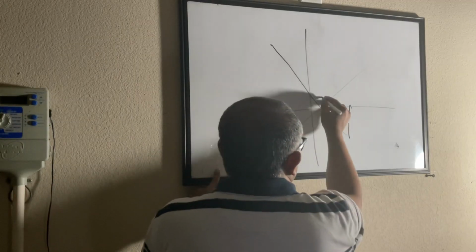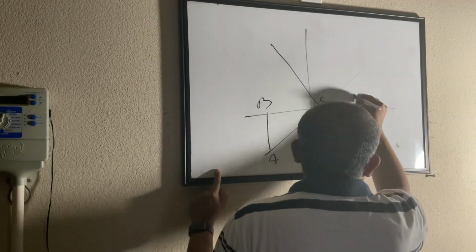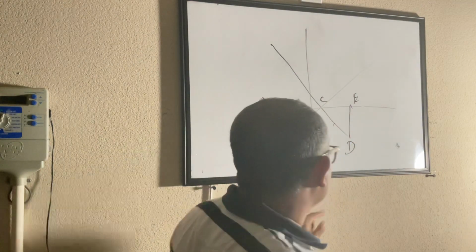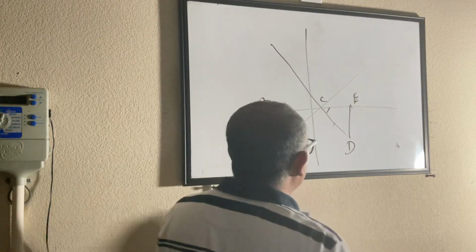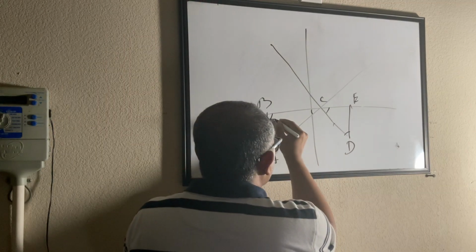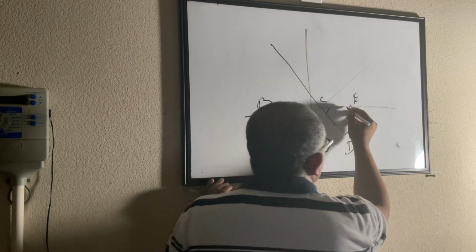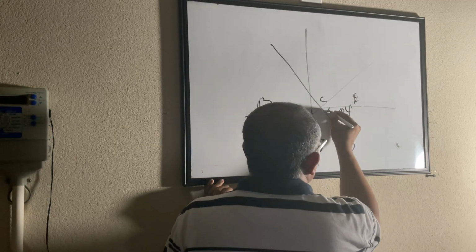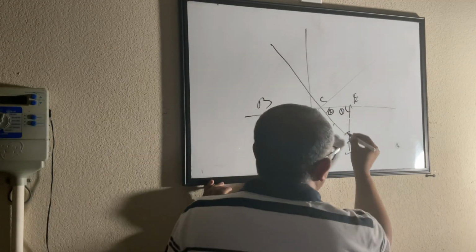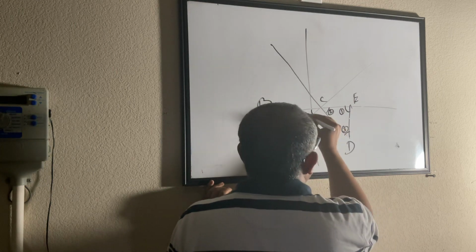A, B, C, D and E. What we are saying is these two triangles are similar because this angle and this angle match. This angle and this angle will also match. So let's give them names. 90 degrees I will call 1. This is also 1. This angle matches this one, so I am calling it 2. This is 2, this is 2, and this is 3, and this is 3.